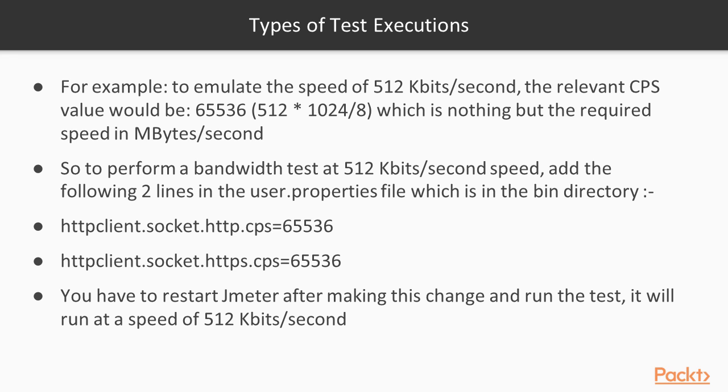As you look here, the 2 parameters have been assigned the value 65536, which is the speed required. You just have to restart JMeter after making this change in the properties file and you can directly run the test. It will run at a speed of 512 kbps. In addition to this, you can perform stress test, endurance test, spike test, etc. using JMeter.